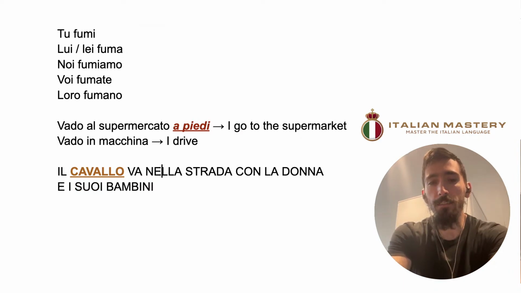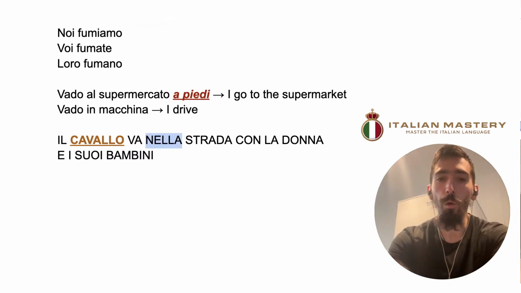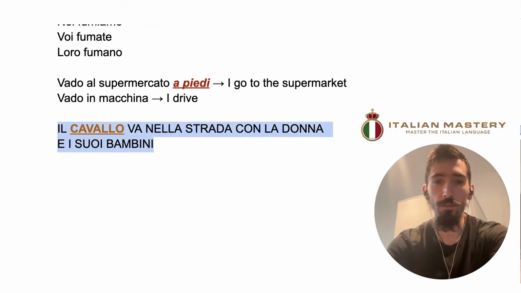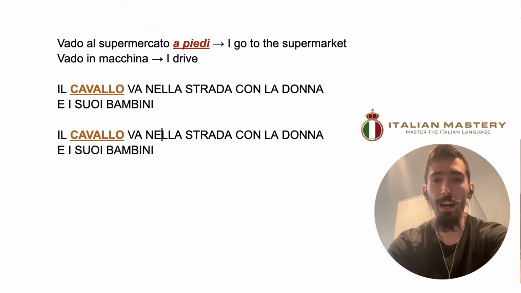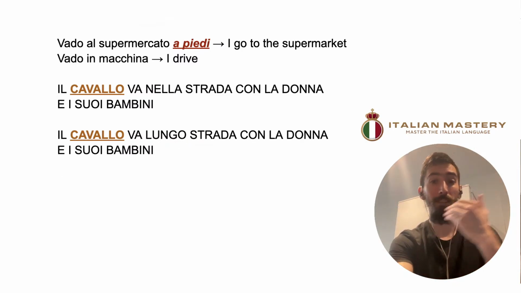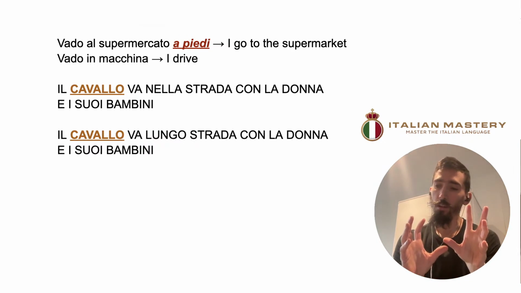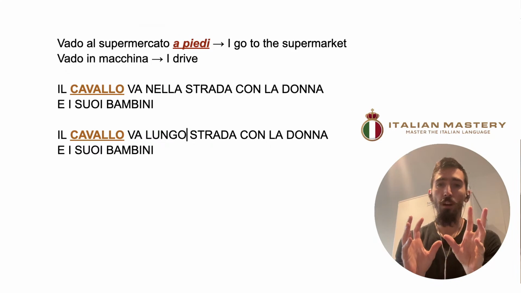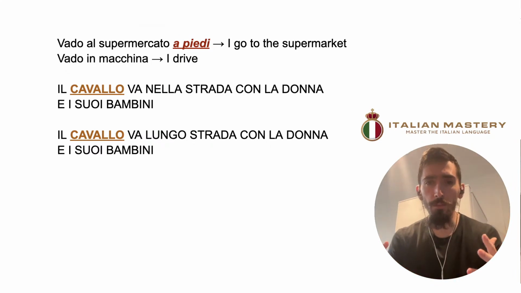Also, in this case, I would change this. Although it's not wrong, I would change nella with lungo, right? So I would say il cavallo va lungo la strada. As in, again, it's the nuance of, okay, is the horse getting in the way of something?